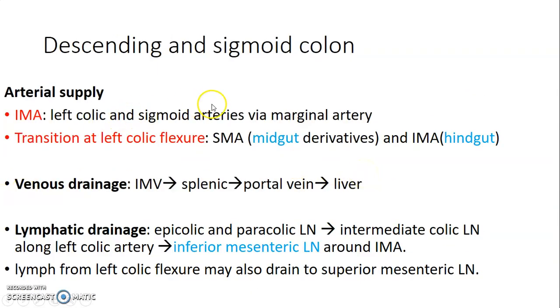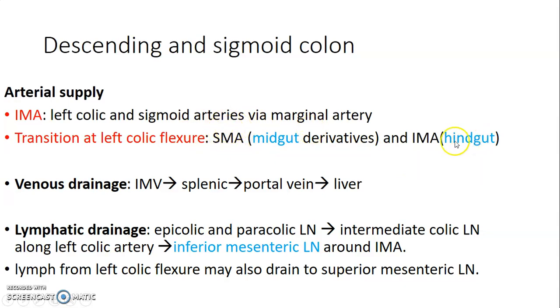So the descending and sigmoid colon are supplied by branches of the inferior mesenteric artery, mainly the left colic and sigmoidal arteries that join the marginal artery of Drummond. The transition at the left colic flexure shows that there is a transition between superior mesenteric and inferior mesenteric supply. Proximally from the left colic flexure, the transverse colon is supplied by the superior mesenteric artery.